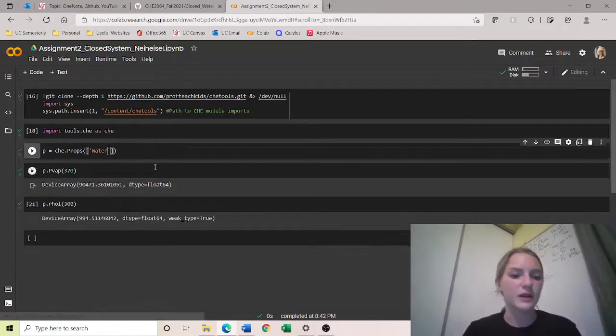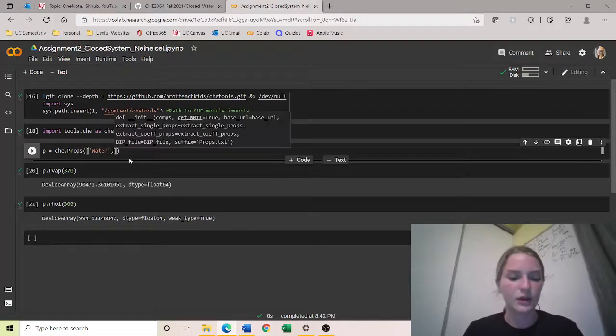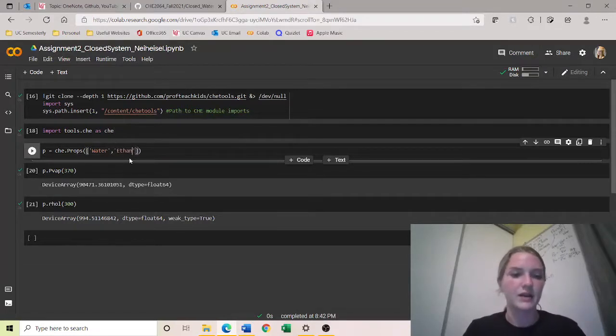So if we go up here and we add in some more compounds, we can add in ethane. How about toluene, and how about one more? Let's do nitrogen.